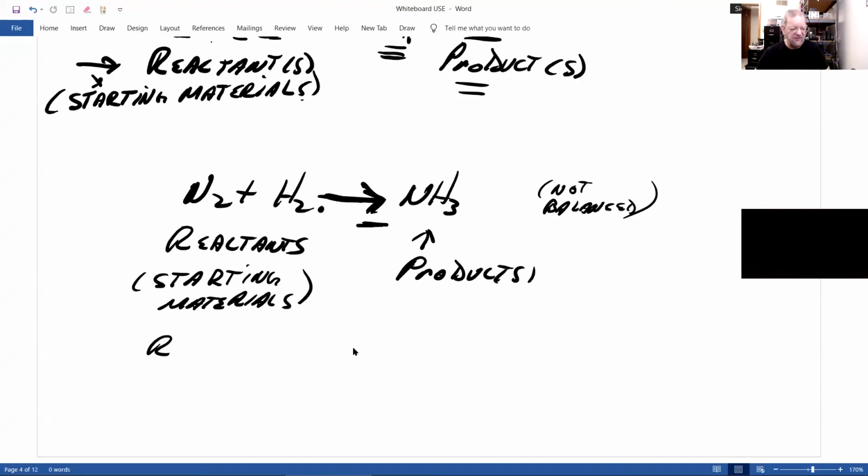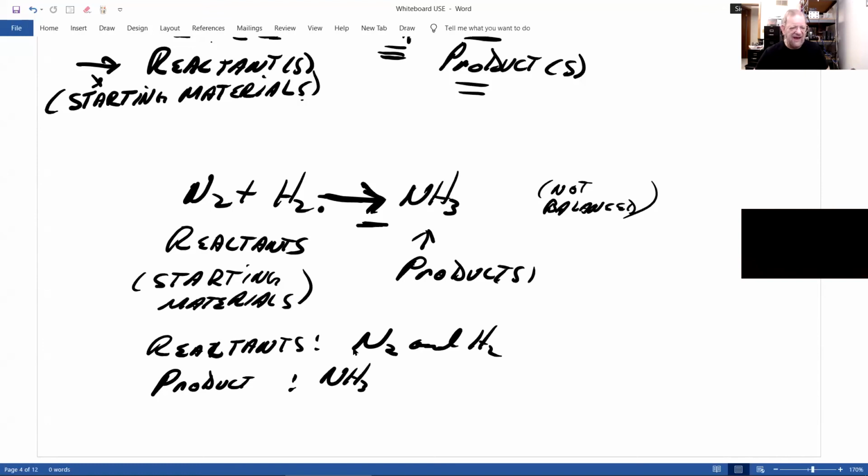So reactants for this reaction, nitrogen and hydrogen. Product for this reaction, because there's only one, is ammonia. Again, base of the arrow are always the reactants, head of the arrow are always the products. And that's the chemical equation for a chemical reaction.